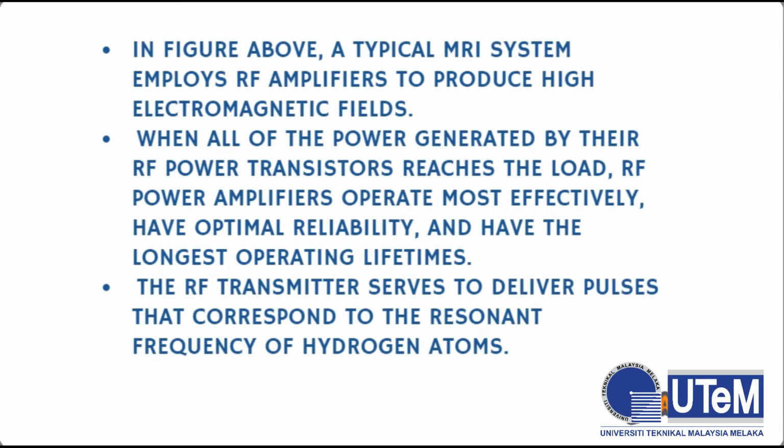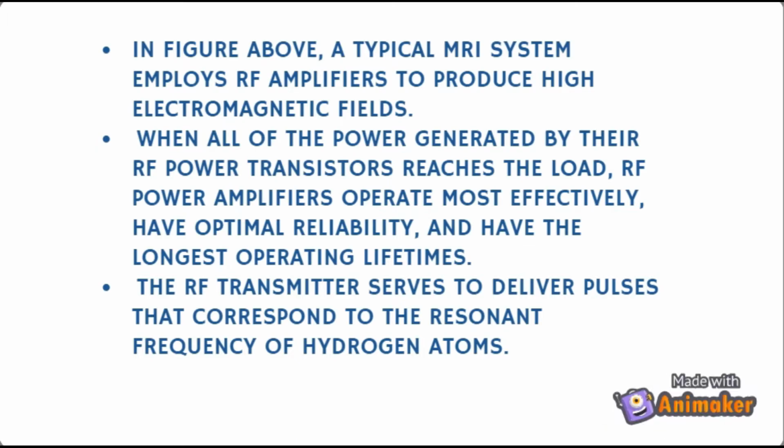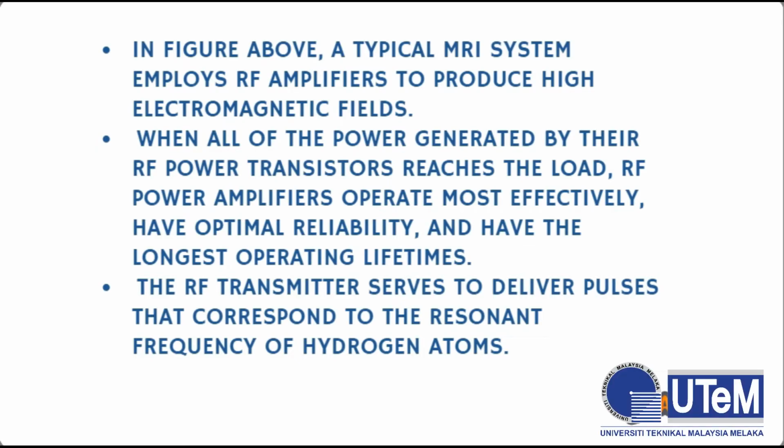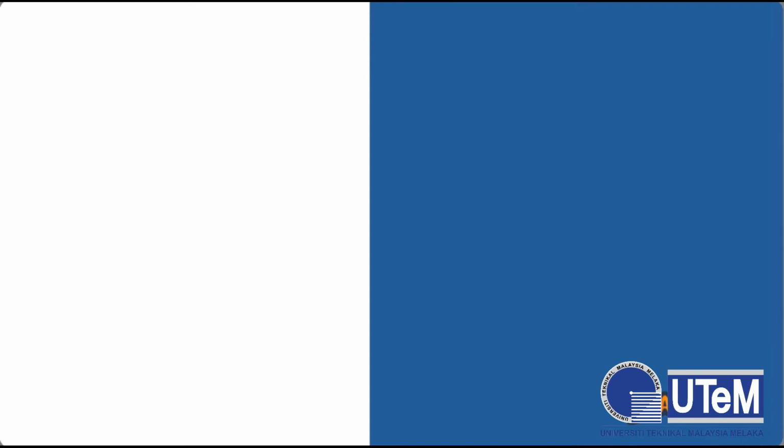When all of the power generated by their RF power transistors reaches the load, RF power amplifiers must effectively have optimal reliability and the longest operating lifetimes. The RF transmitter serves to deliver pulses that correspond to the resonant frequency of hydrogen atoms.